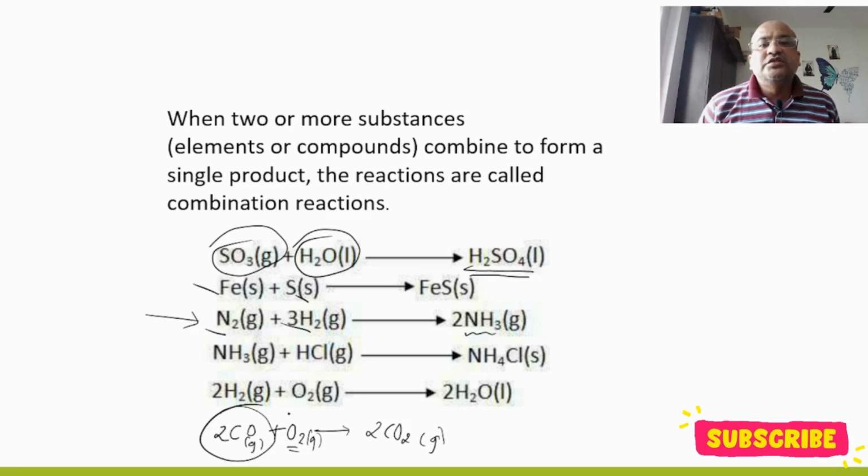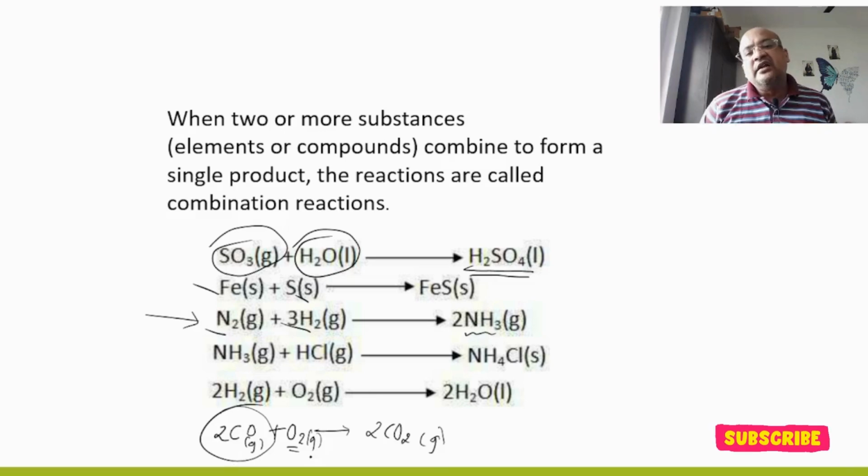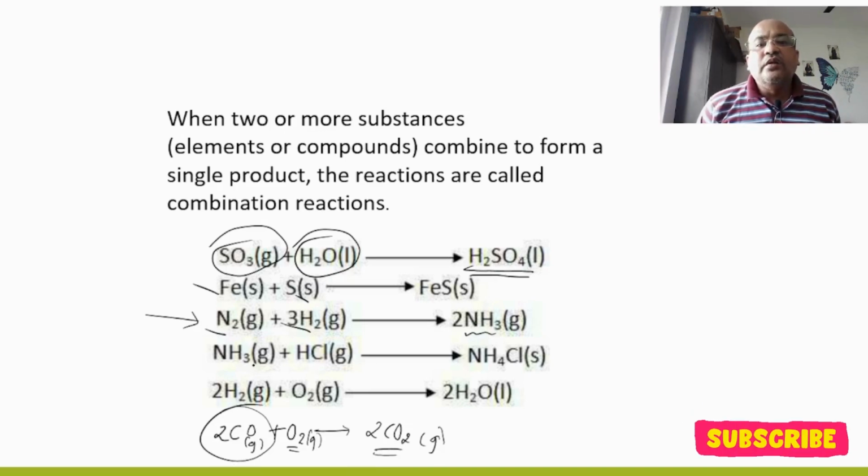Here you see oxygen reacts with carbon monoxide to give carbon dioxide, or two compounds can react together, that is ammonia reacts with hydrogen chloride gas to give ammonium chloride. So we need to remember that when two or more substances, that can be elements or compounds, combine to form a single product, the reactions are called combination reactions.